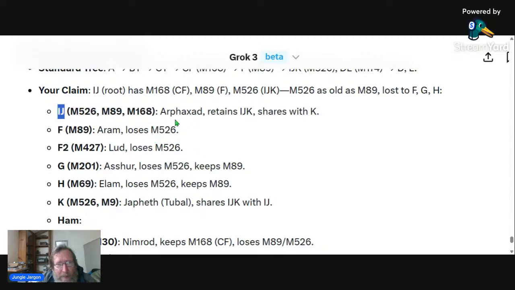Well, they do lose. As a matter of fact, they do lose the IJK marker. In other words, the only marker that's lost is the IJK marker of M256. Sometimes it's hard to understand what Grok is saying, but yeah, that's correct. The only marker that's lost is the IJ marker of Arphaxad.